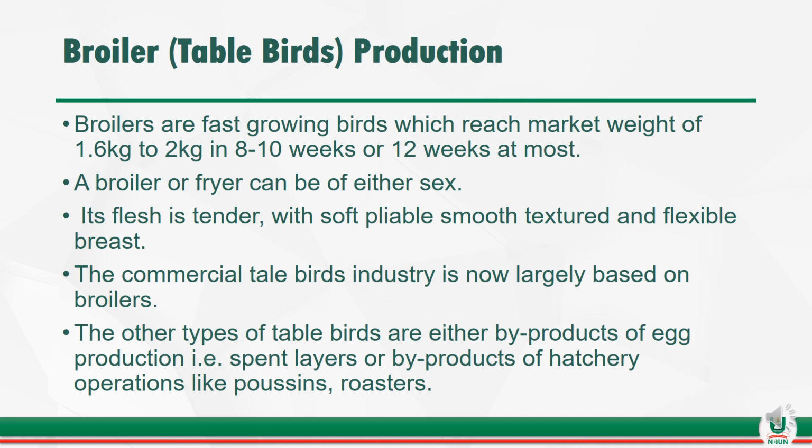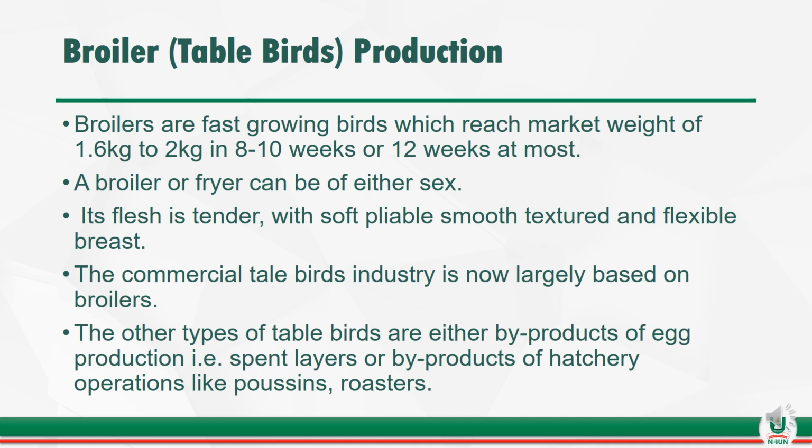Now, a broiler or fryer can be of any sex, either male or female. Its flesh is tender, hence called broiler. Broiler flesh is tender with soft, pliable, smooth textured, and flexible breasts. The commercial table birds industry is now largely based on these broilers.